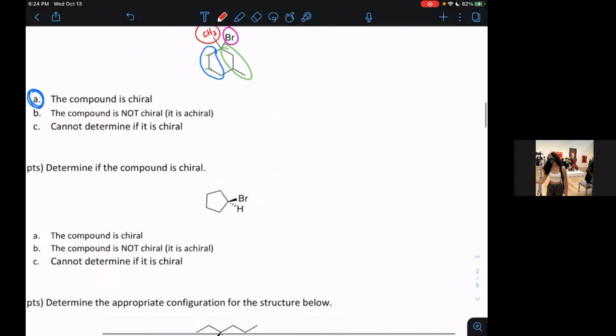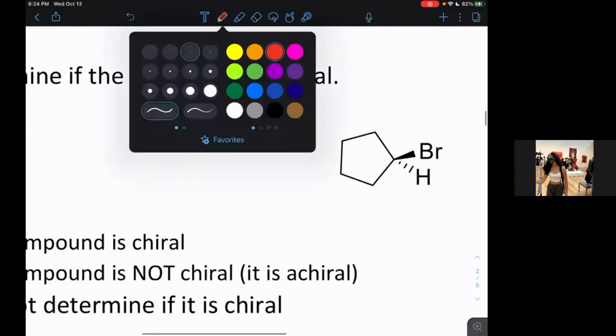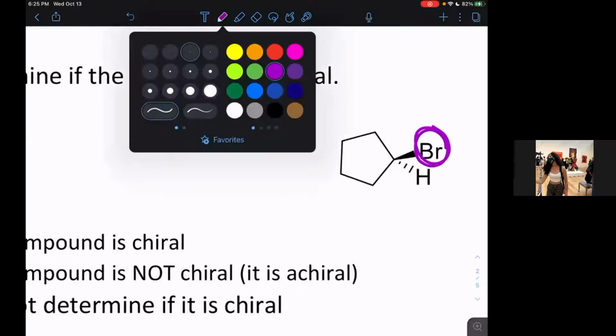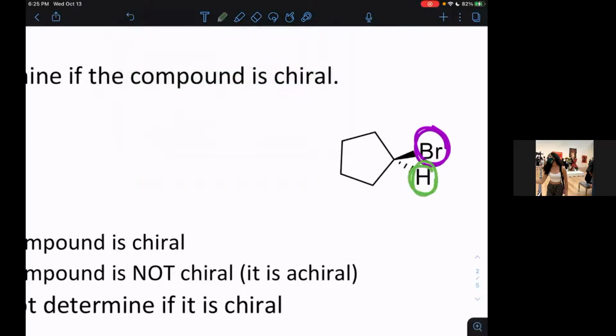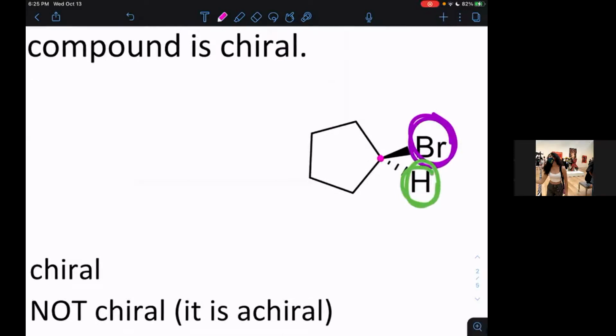Okay. So then for 2, determine if it's chiral. So we have Br as 1, and then we have a hydrogen. And then here, what you do from the video I watched is you go down once on each side to see if there's anything different, and there isn't.